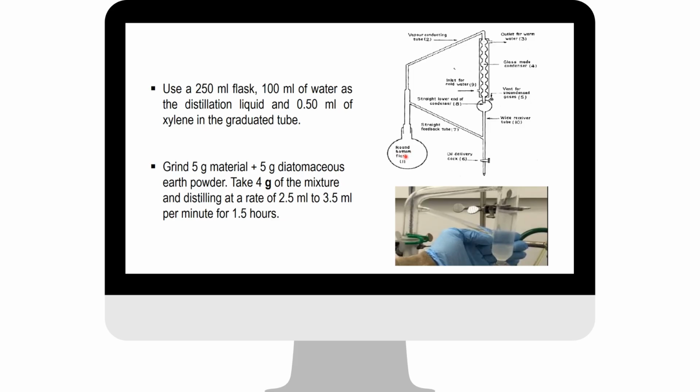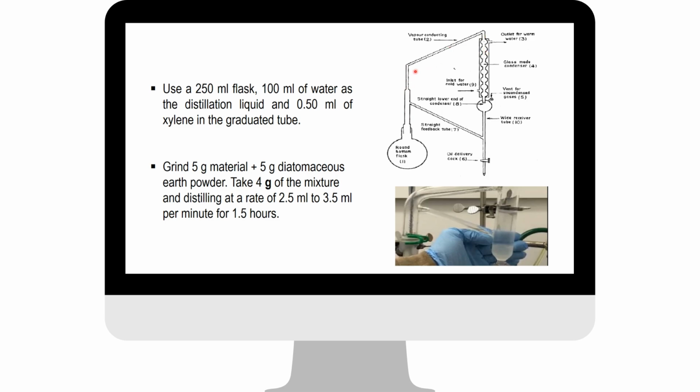After that we should provide heat to this RBF. Once we provide the heat, the aqueous phase along with the volatile constituent will be vaporized. I'm not going to repeat the principle again because I already explained it in my previous slide. So the aqueous vapor phase along with the volatile constituent will pass through this tube and reach this condenser.